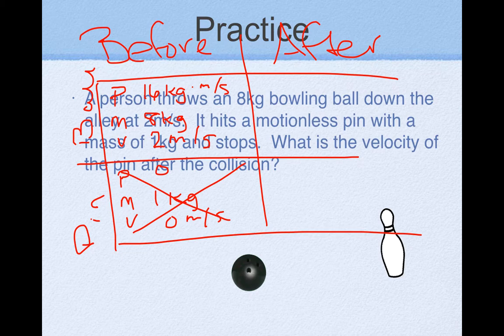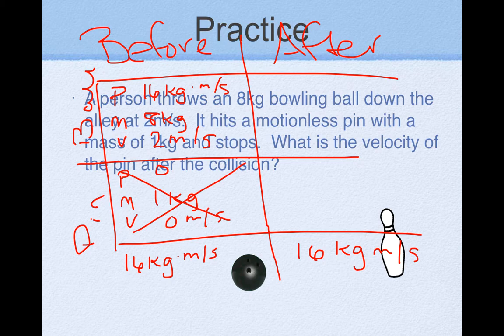It is 16 kilogram meters per second. So the P of the system, the momentum of the system, is 16 kilogram meters per second. We know through the law of conservation that the momentum before the collision has to be the same as the momentum after.